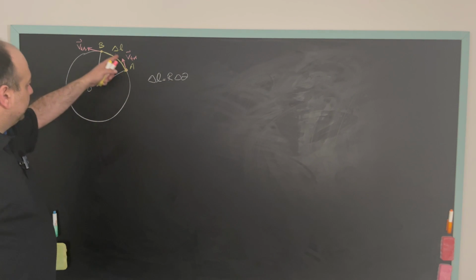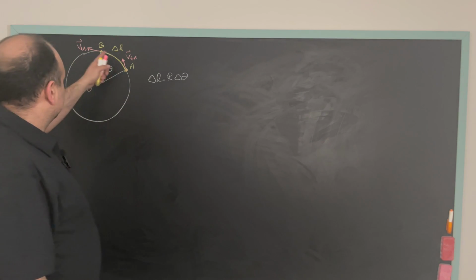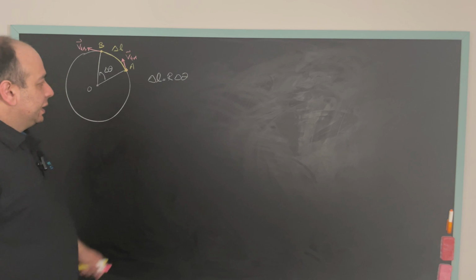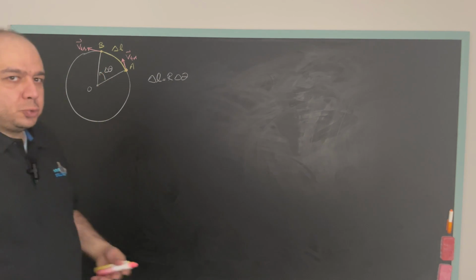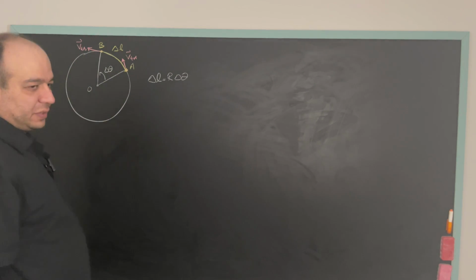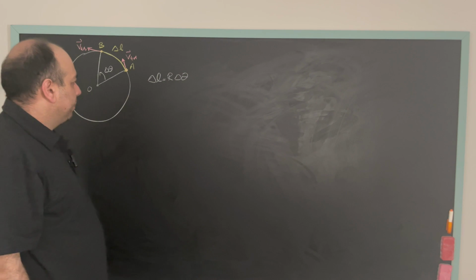So the distance traveled on this circular arc is simply R times delta theta. When delta theta is equal to 2 pi, this is nothing but the circumference. That doesn't have to be 2 pi, though. It's just delta theta.